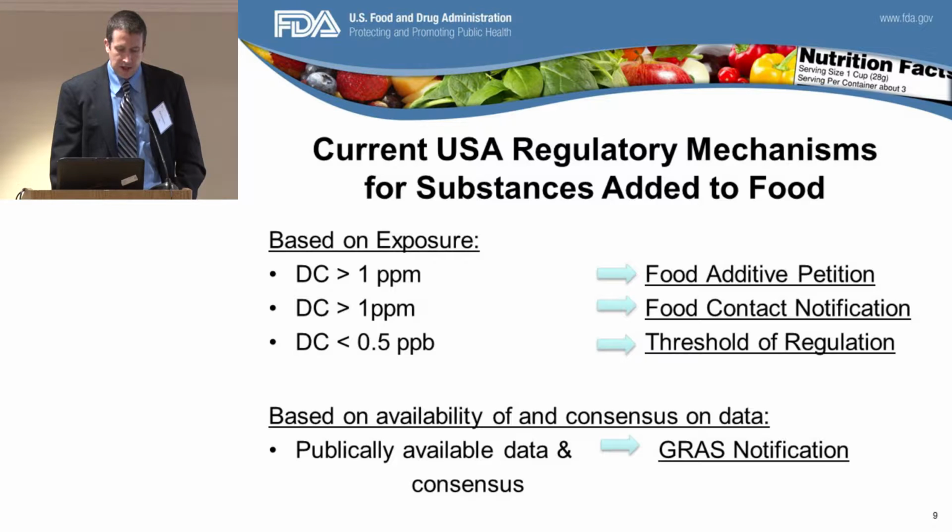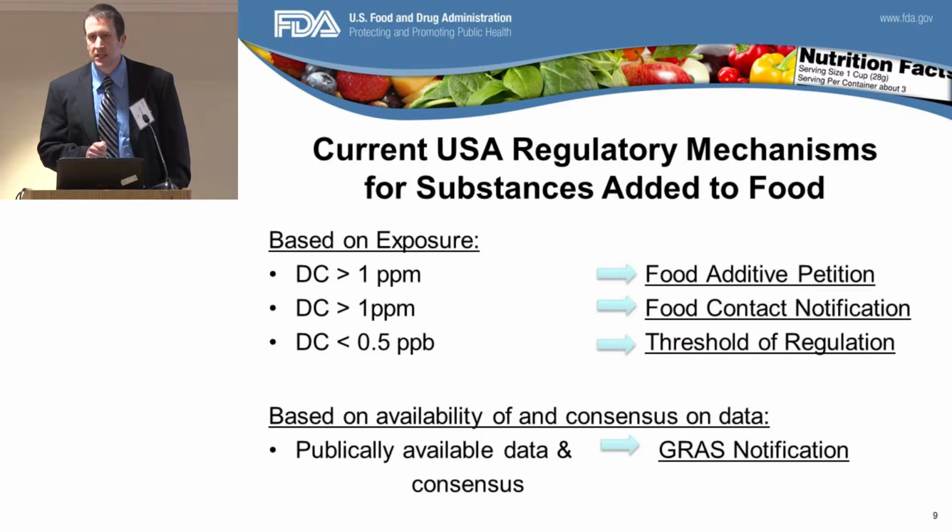And if the dietary concentration is greater than 1 part per million, FDA can require you to submit a food additive petition for the use, even if it is for a substance that's not directly added to food. If you have a food packaging material that somehow through its use results in a dietary concentration greater than 1 part per million, FDA can require you to submit a food additive petition.